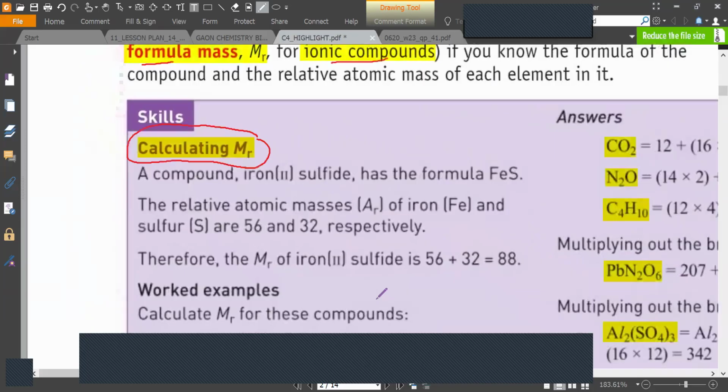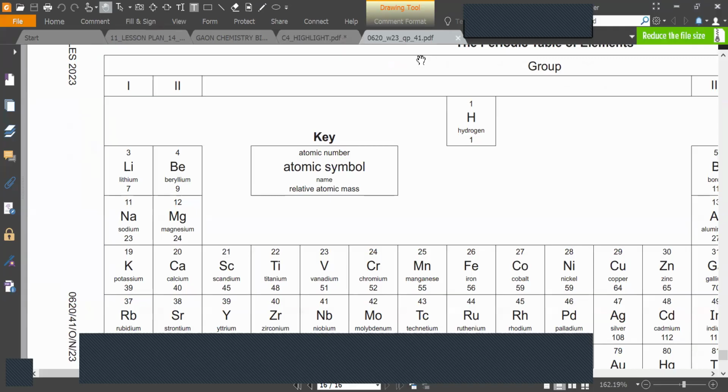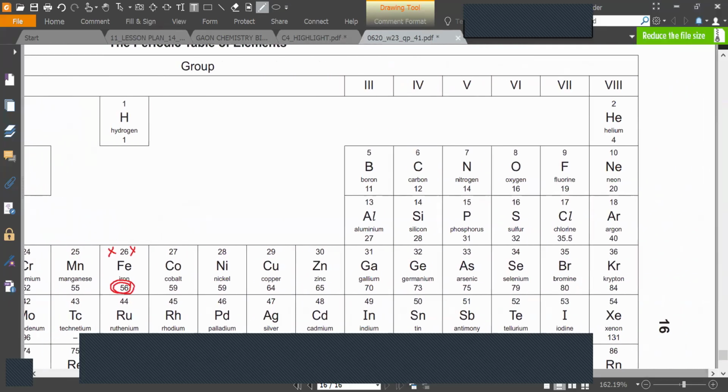Let's say you want to calculate iron sulfide. Iron sulfide is FeS. So this is 1 Fe plus 1 S. We are focused on the mass, so we focus on this number, not this one, which is the proton number. 56 for Fe, and sulfur is 32.